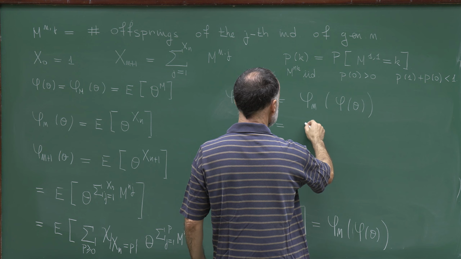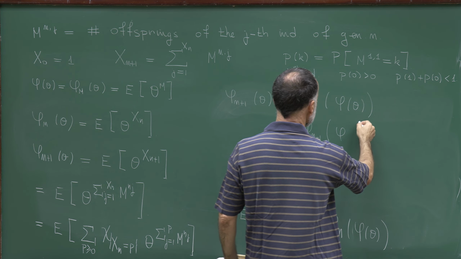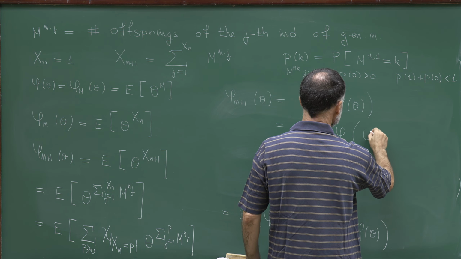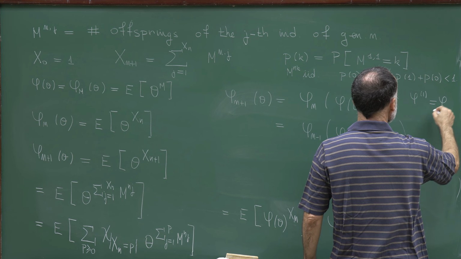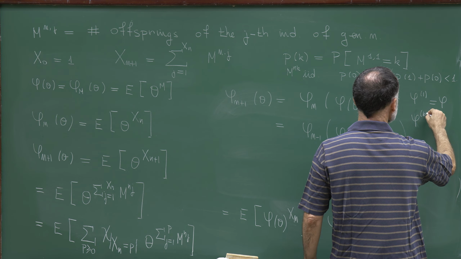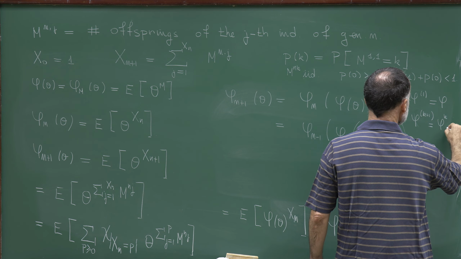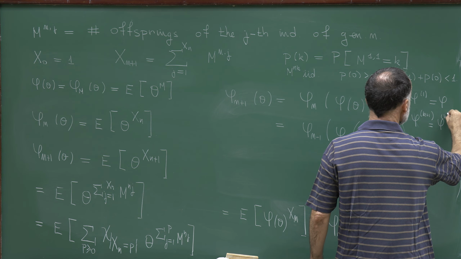So I will get that this is phi n minus 1 of phi applied to phi of theta. And for phi applied to phi of theta, let me represent by phi 1 the function phi, and by phi k plus 1 the composition of phi k composed with phi.